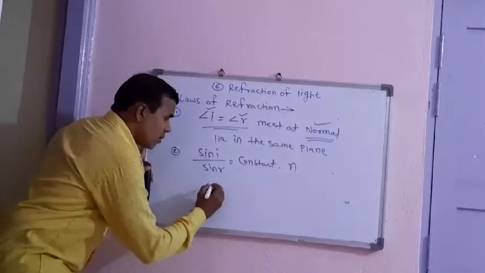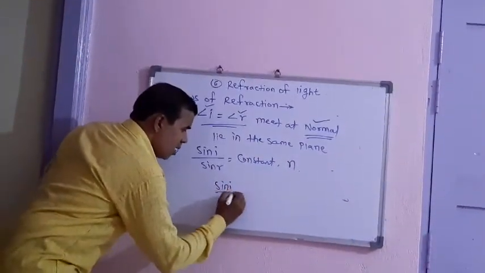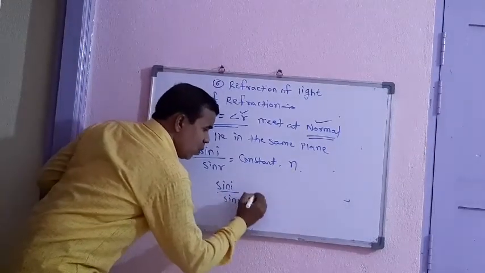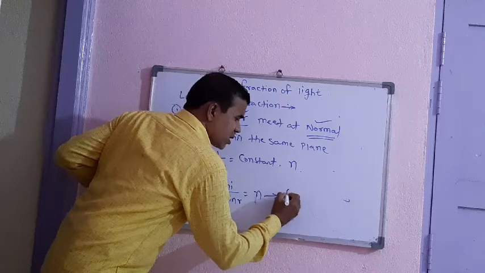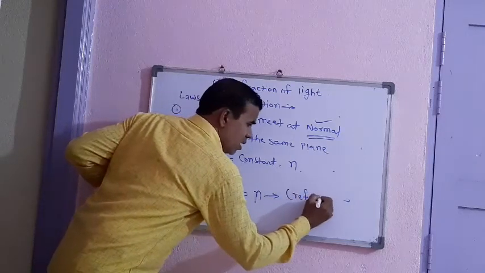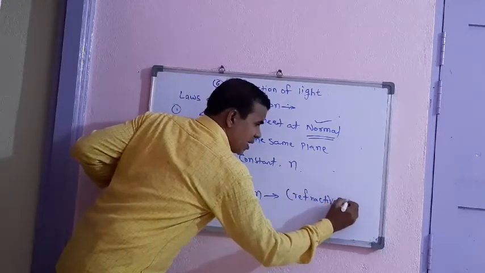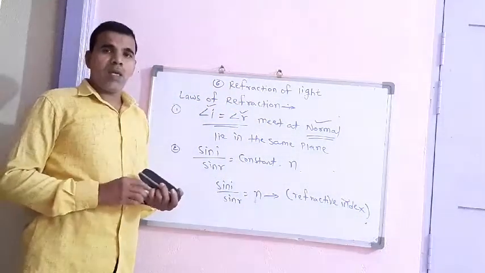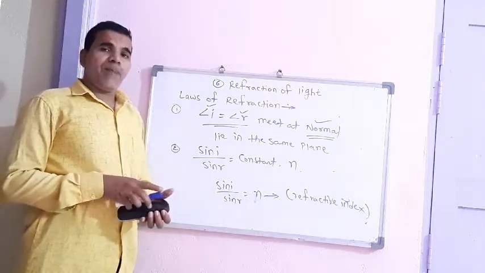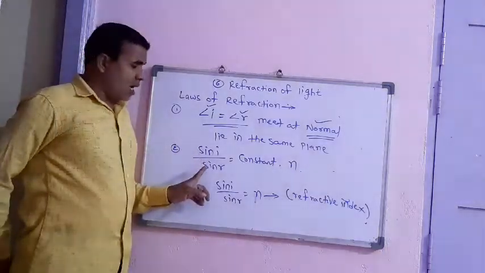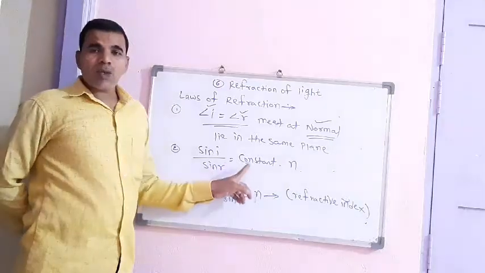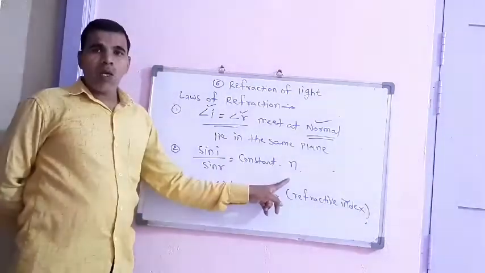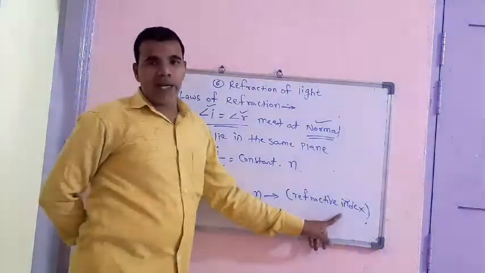So, the ratio of sin i upon sin r equals n, where n is called the refractive index.